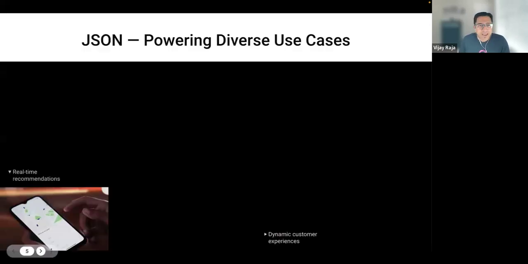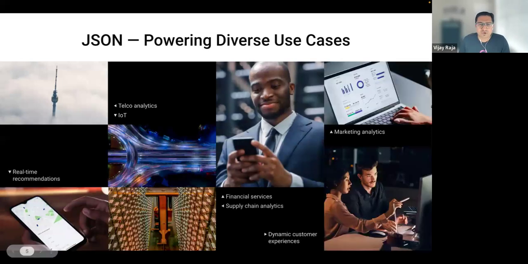As you know, JSON is one of the most common data formats, and it's powering diverse use cases across different verticals. A lot of the financial or trading data is born as JSON. A lot of the IoT, machine, or log data is generated in JSON format. Many MarTech tools, customers, and organizations generate marketing analytics data in JSON.